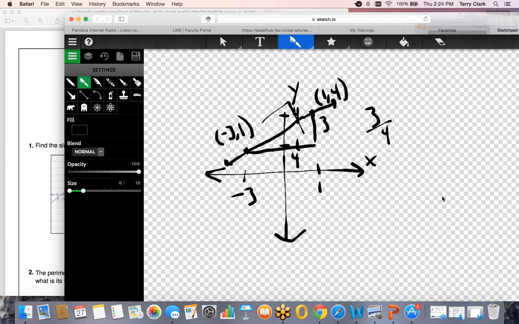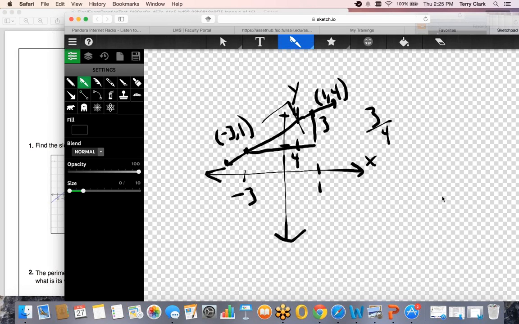We can either use the formula and look at the change in y over the change in x, and it doesn't matter whether it is y2 minus y1 over x2 minus x1.